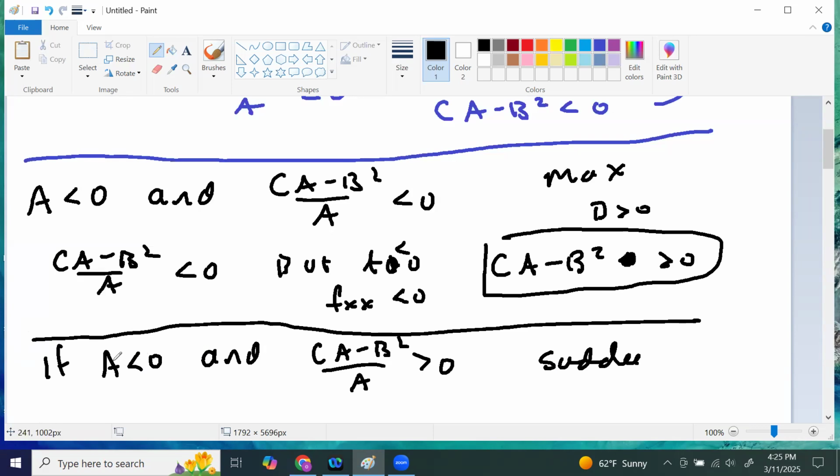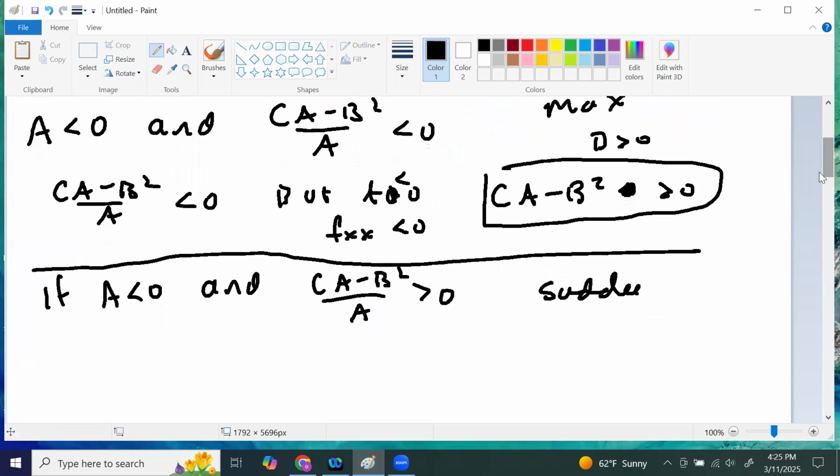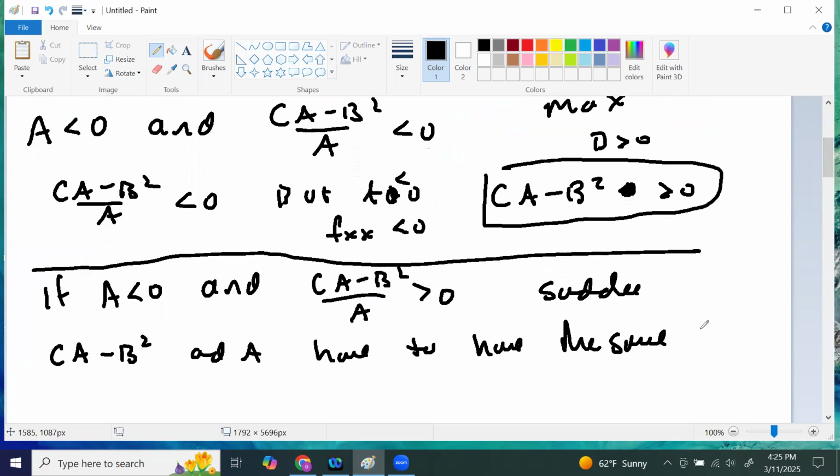And then you can go up by holding x equal to zero and letting y vary. That's clearly a saddle. But again, CA minus B squared and A have to have the same sign. So CA minus B squared is negative.